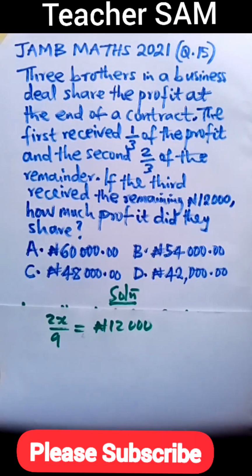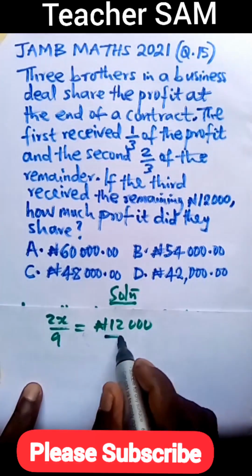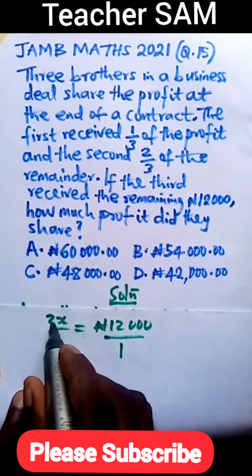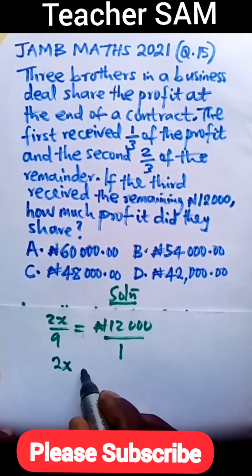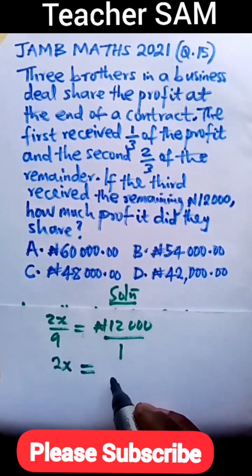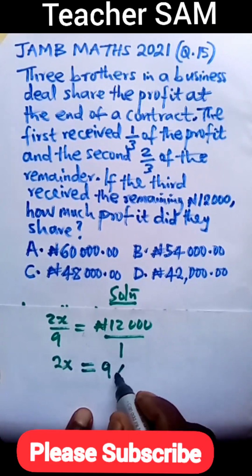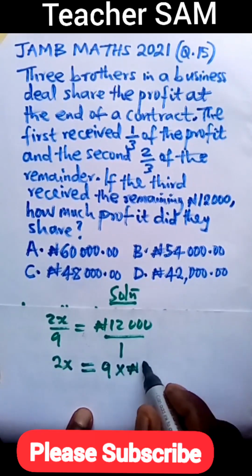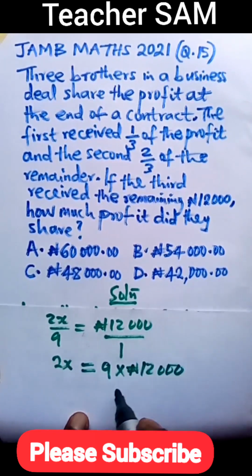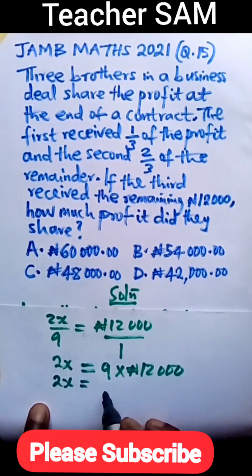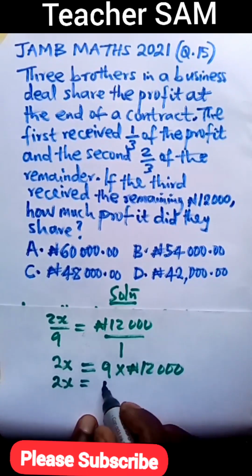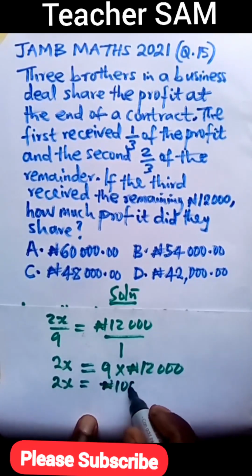Okay, let's find the value of X from here. We just cross multiply. 2X times 1 is 2X, which equals 9 times 12,000. Multiplying 9 by 12,000, you have 108,000.